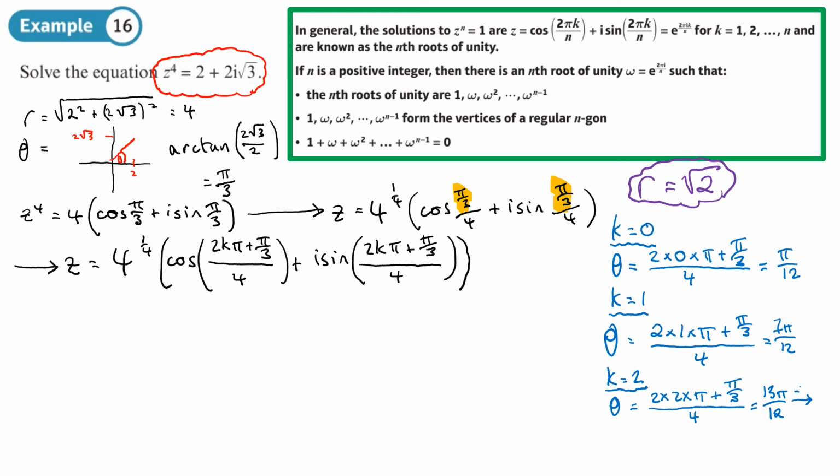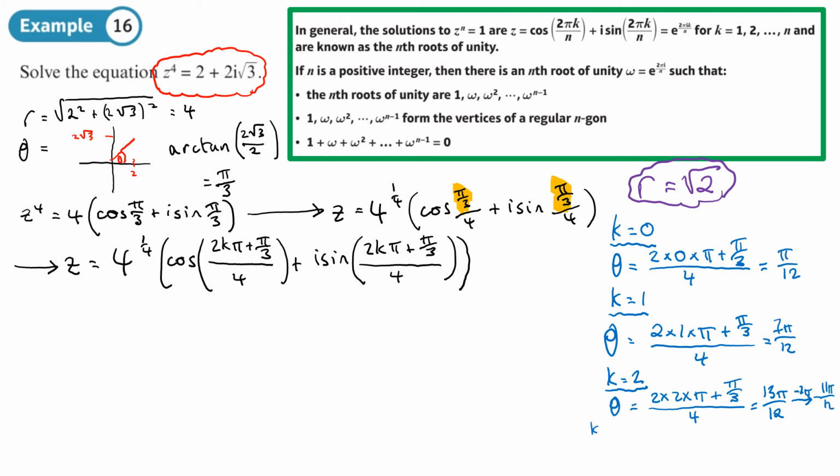So let's subtract 2 pi and see what we're left with. 13 over 12 take away 2 pi is negative 11 pi over 12. So negative 11 pi over 12.